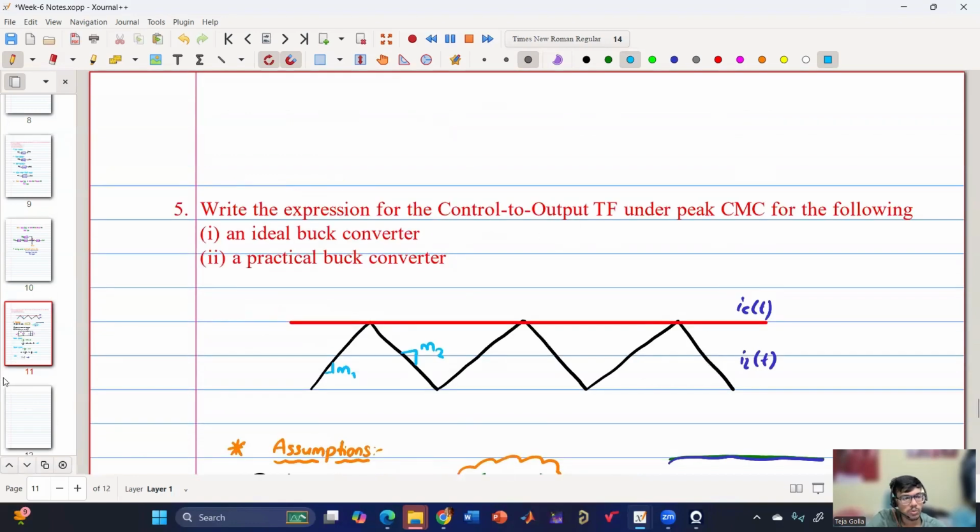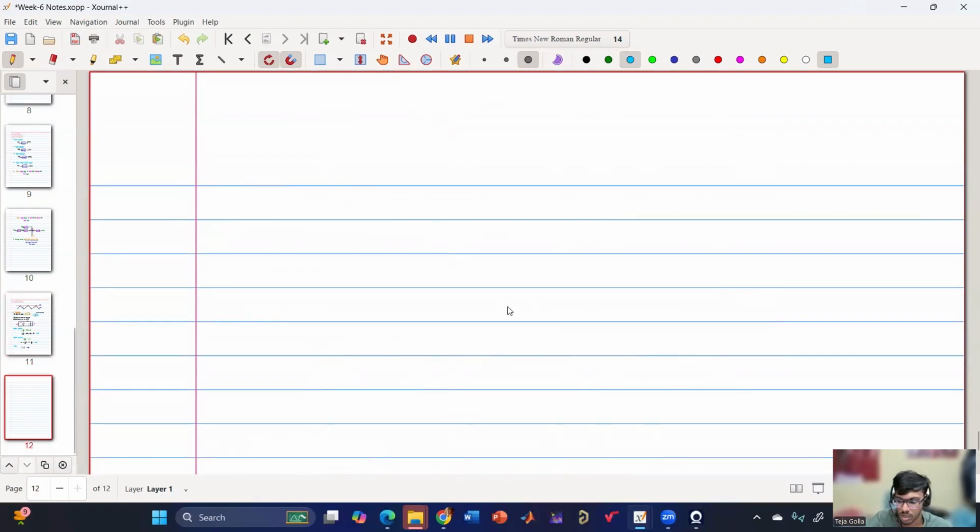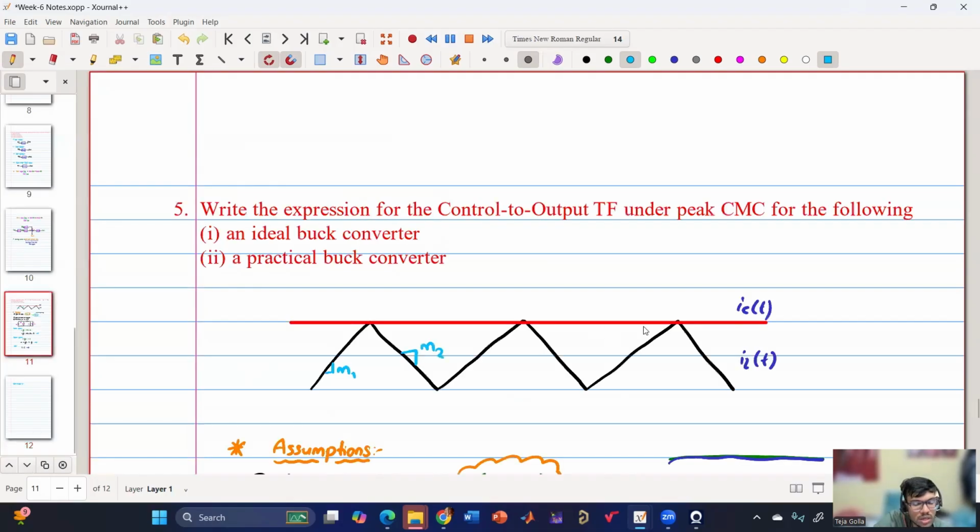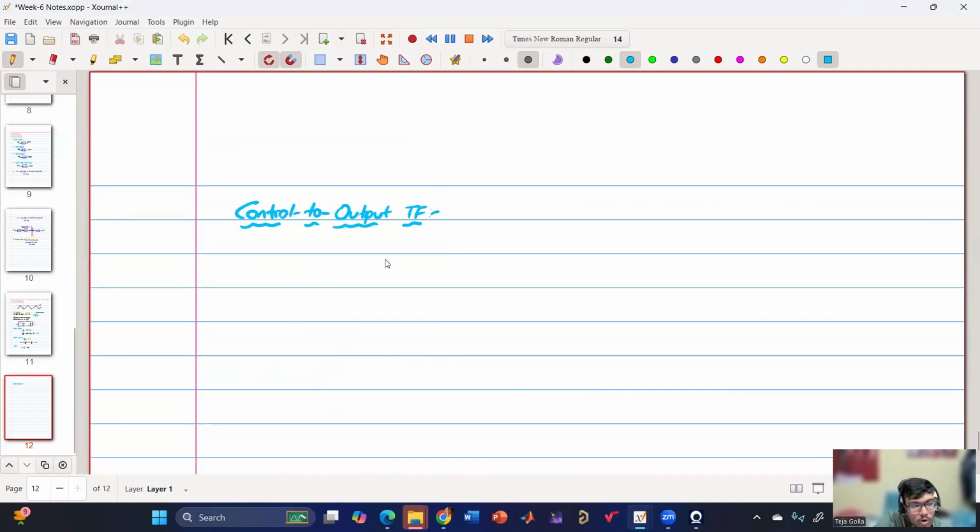Here the control to output transfer function is from the current reference. So here the control is the current reference because it is current mode control. So the control to output transfer function is current, right? So this current is the control input and output is V naught.